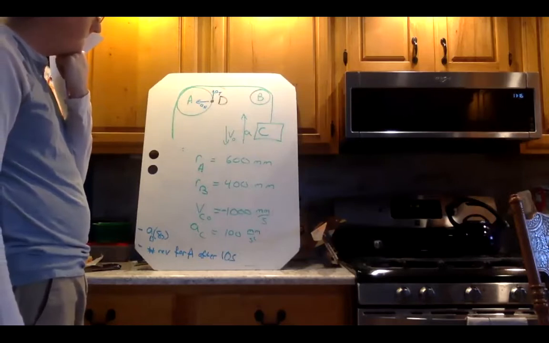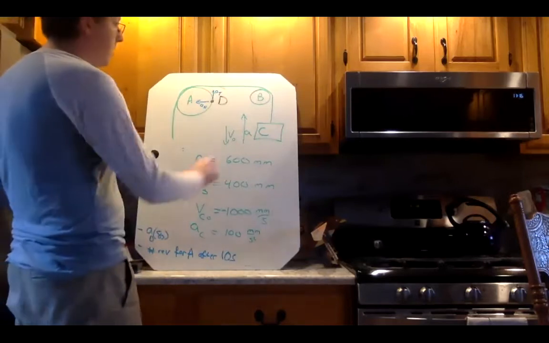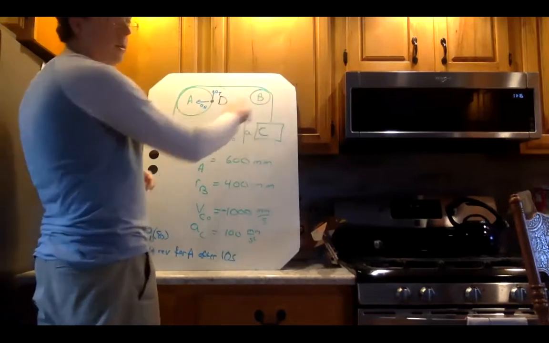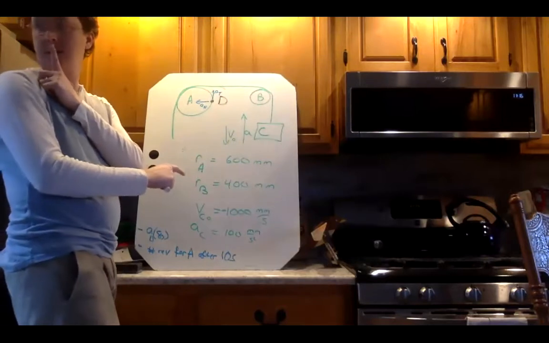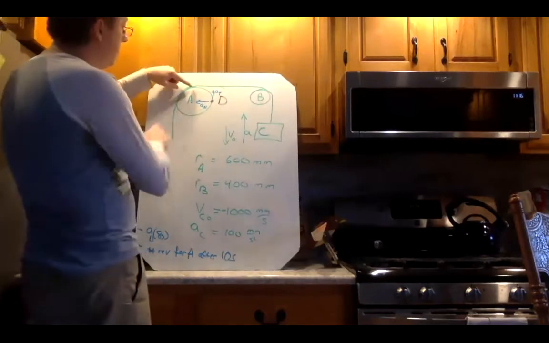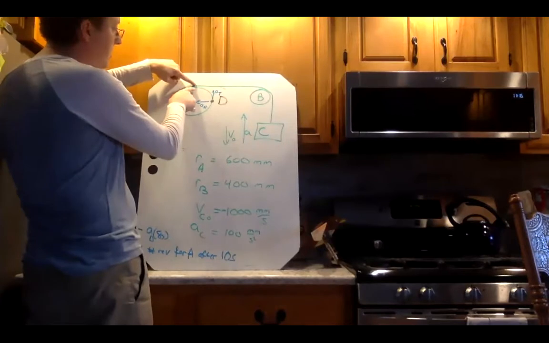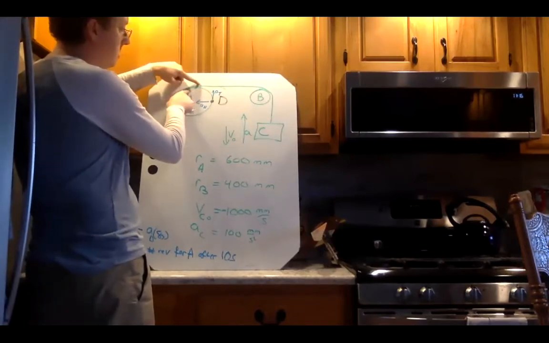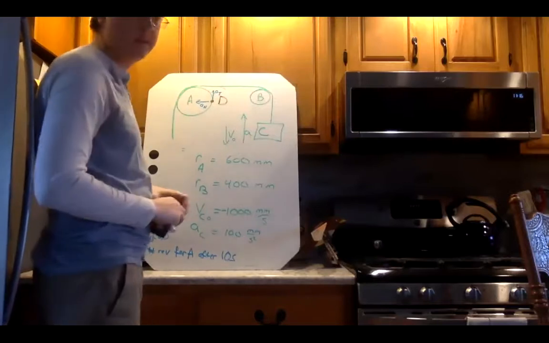Think of it this way: the motion of the block has to be the same as the motion of the rope. If the motion of the rope wasn't the same as the motion of the wheel, they would slip relative to each other. So they must be the same.